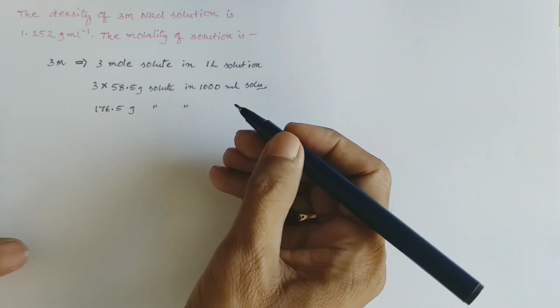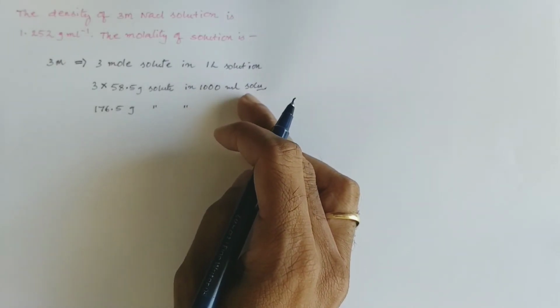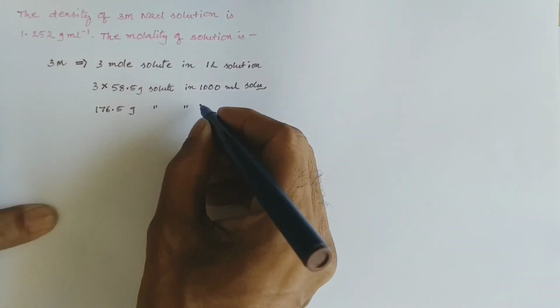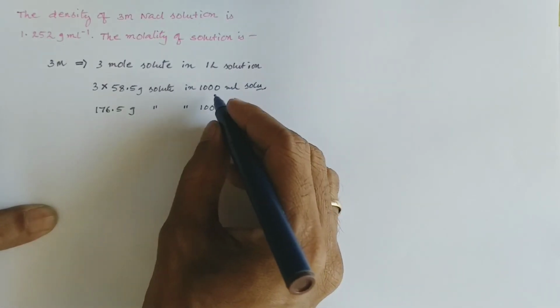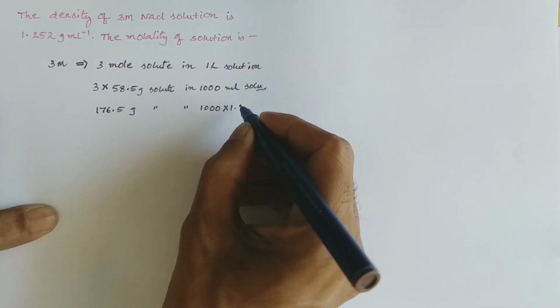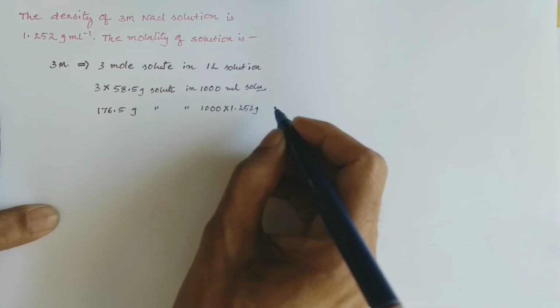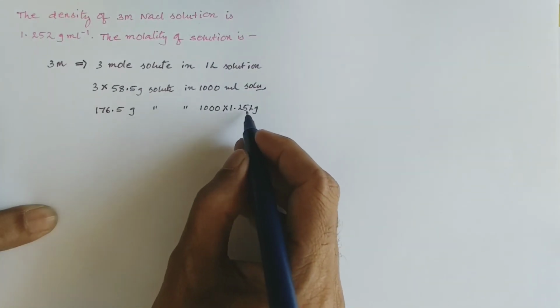Now what is the mass of 1000 milliliter solution? That is equal to 1000 into density. Volume into density will give mass, right? 1000 into 1.252 gram, this is volume, this is density.